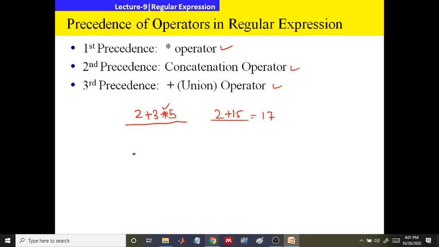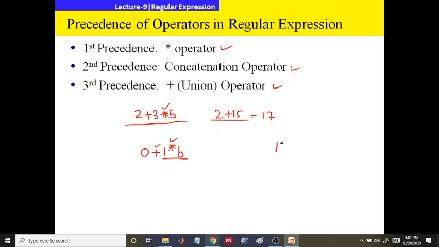Similarly, in regular expression, if I write the regular expression 0 plus 1 star B, here you see there is a star operator, there is a plus operator, and there is a concatenation operator. So which operation will we perform first based on the precedence? Star operation is having the highest precedence.